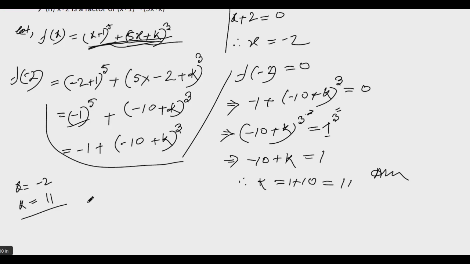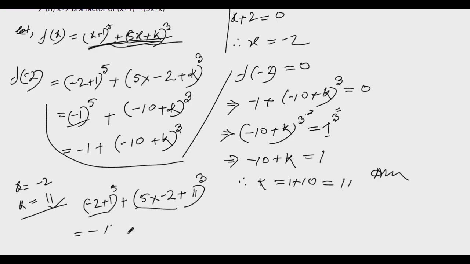Here instead of x we should write (minus 2 plus 1) to the power 5 plus (5 times minus 2 plus 11) whole cube. If we simplify this, from there we will get minus 1, and from here we will get (minus 10 plus 11) whole cube. Furthermore, if we do the calculation, we will get minus 1 plus 1, since minus 10 plus 11 is 1. So cancelling minus 1 and plus 1, we will get 0.